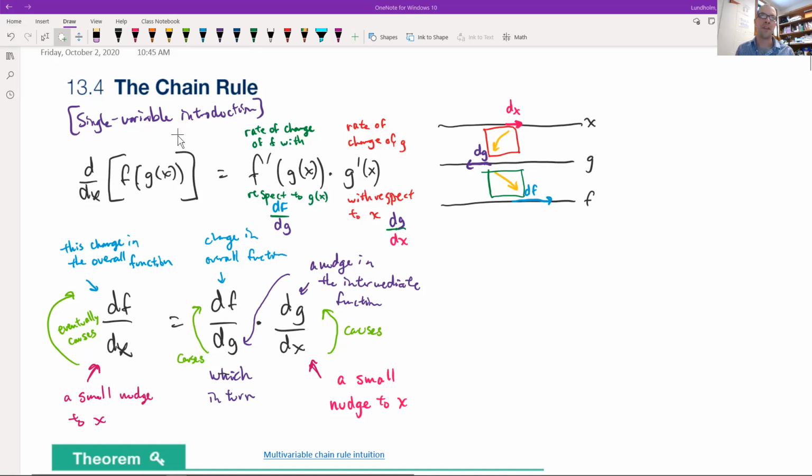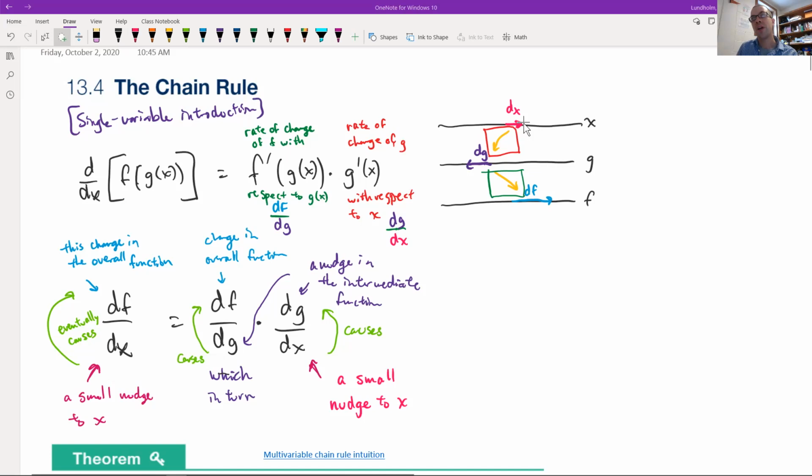And the reason for this is maybe best explained if we look at some number lines. Imagine that this is the x number line. Here's a g number line, and here's the f number line. So input variable, intermediate, and dependent variable out here. When we're taking derivatives, and at this point, you might want to look down here, these are two different ways of expressing the same thing.